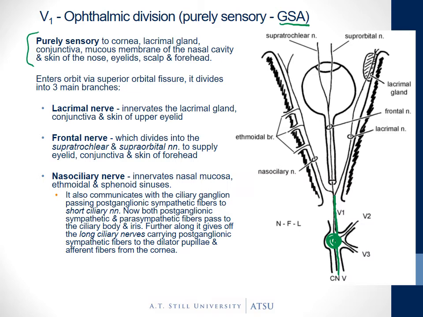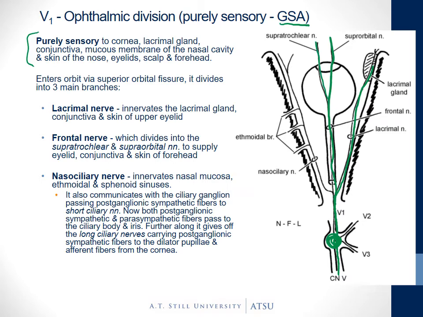Okay? So the first branch we have is going laterally, the lacrimal nerve. It is going to go and provide general sensation to the lacrimal gland. Going straight up the middle of the orbit, over the eyeball superiorly, and then going out above the eyeball to your eyebrow area are the supratrochlear and supraorbital nerves.